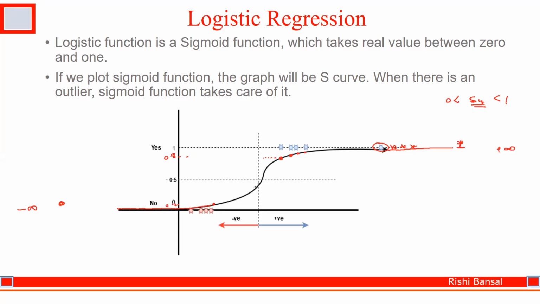Suppose this is 2 centimeter, like our first case. This will not change much, so your prediction will remain okay. That is why we follow logistic regression for classification models, and logistic regression follows the sigmoid function.